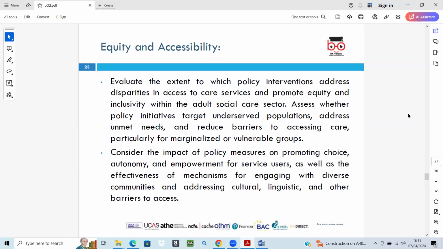And then we always promote choice, autonomy, and empowerment. And we always look for the mechanisms for engaging with diverse communities, and the effectiveness of those mechanisms, including cultural, linguistic, and other barriers to access.